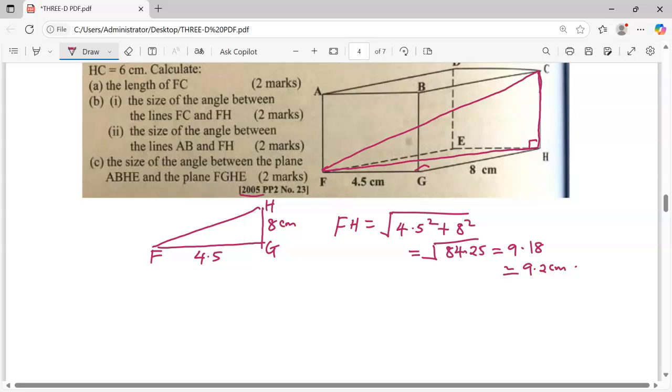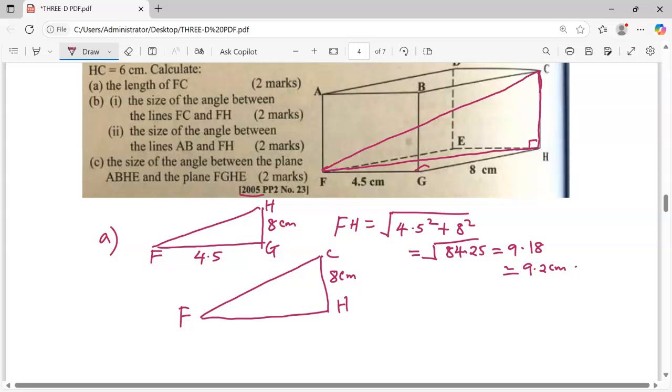Again, we draw another triangle with F here. This triangle is running all the way to H, then going up to C, then coming to F again. Remember, we have CH as 8 centimeters.